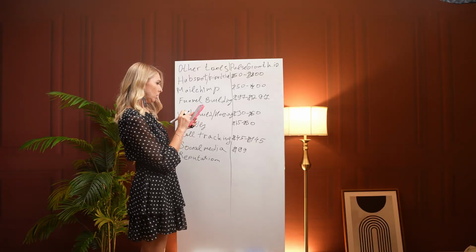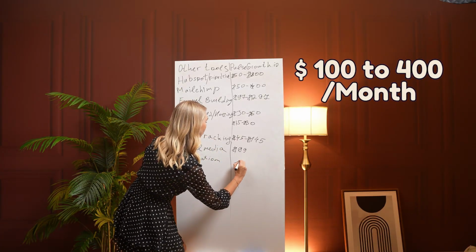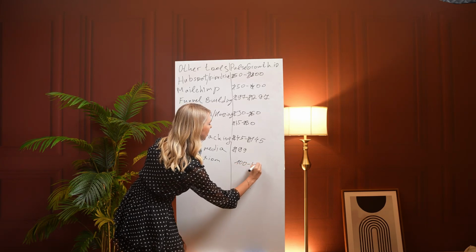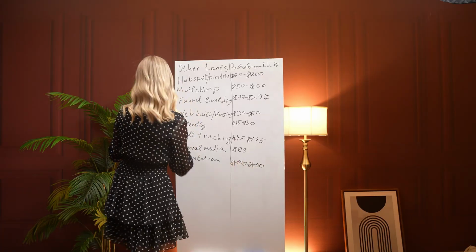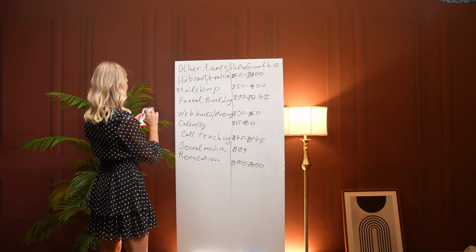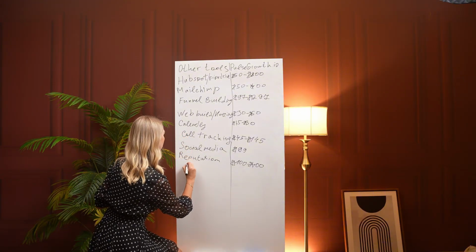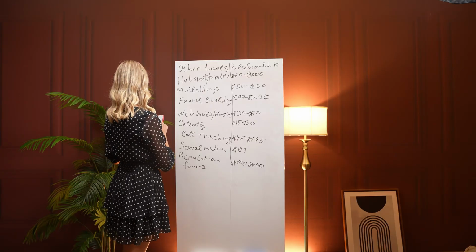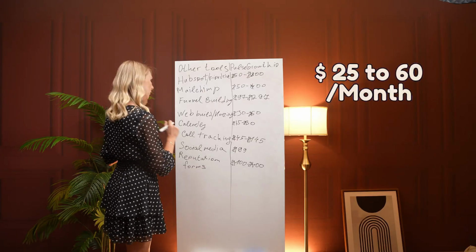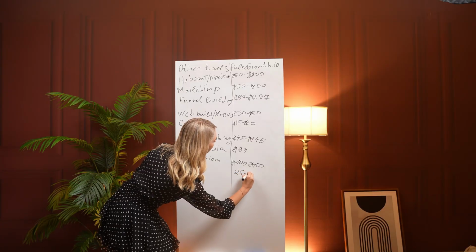How much is reputation management? It's $100 to $400 a month, depending on how many users you're using. What else? Forms, surveys, JotForm, right? Again, $25 to $60 a month.